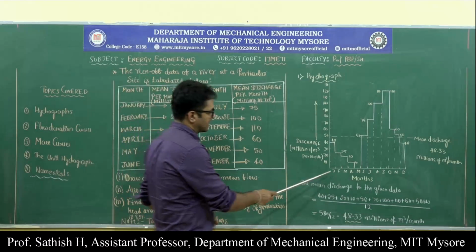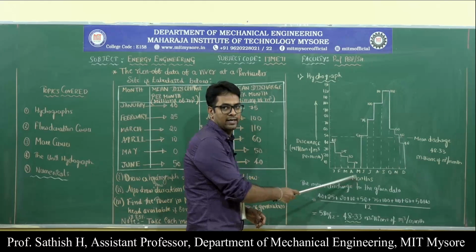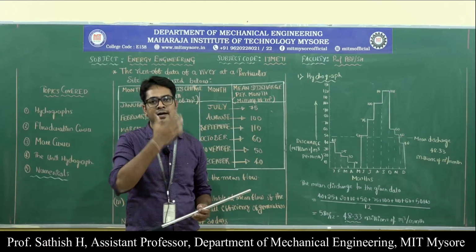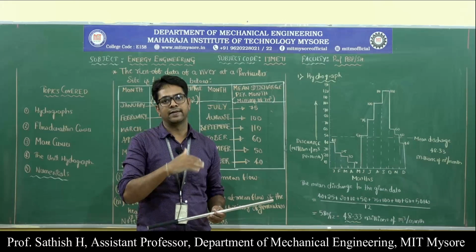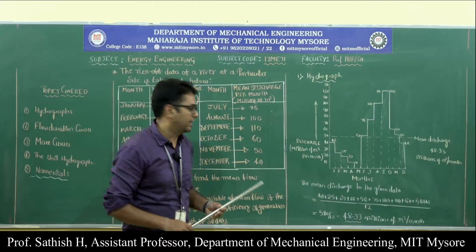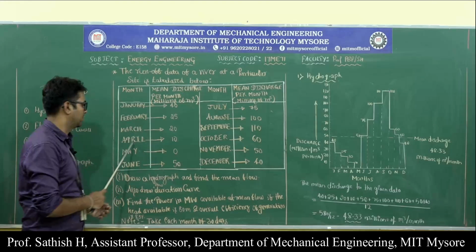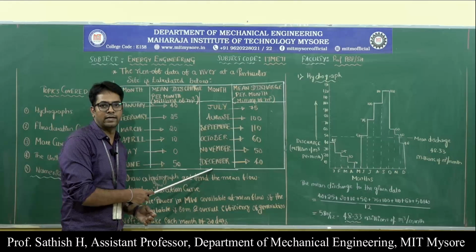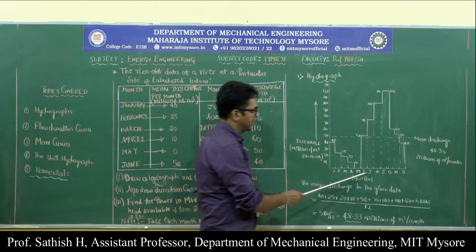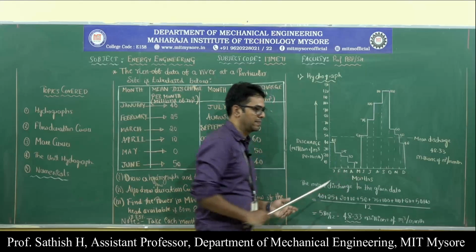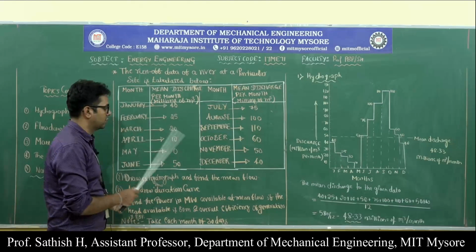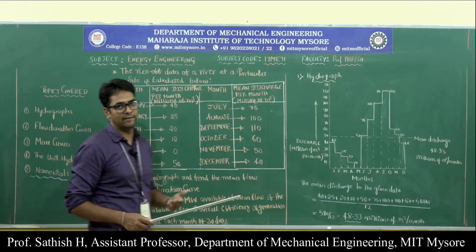On the x-axis we have the months, since a hydrograph has time on the x-axis. Here the time is given in terms of months, starting from January, February, going up to November and December. So we have plotted the months on the x-axis. It starts from January and goes up to December, so we have 12 months.